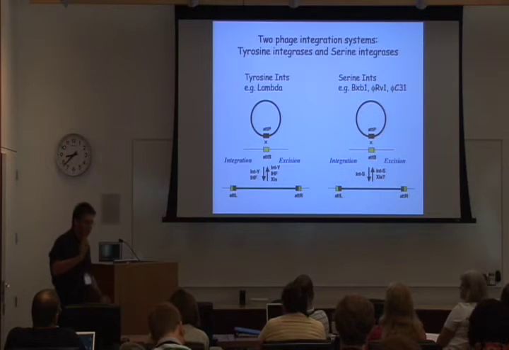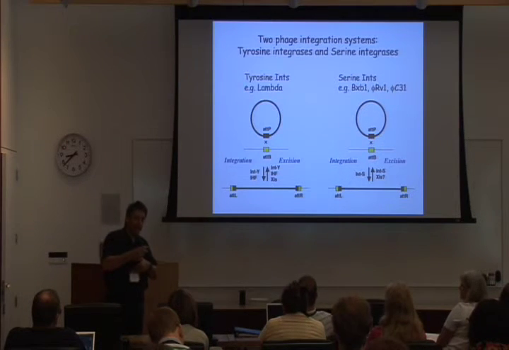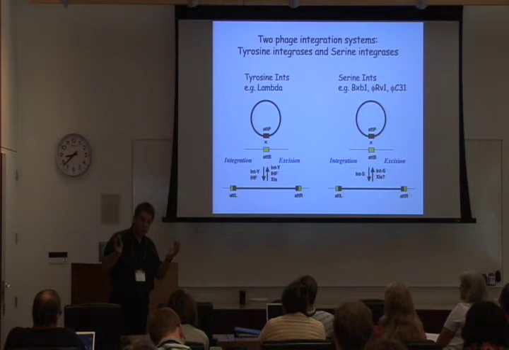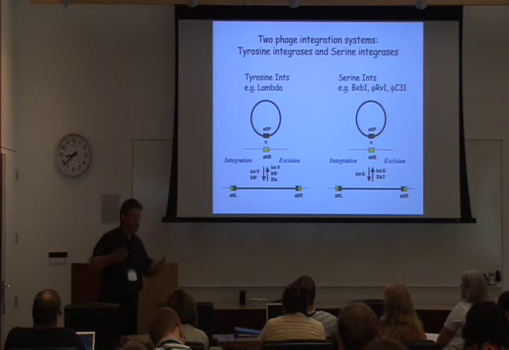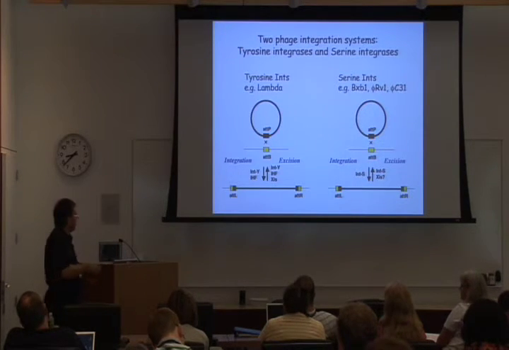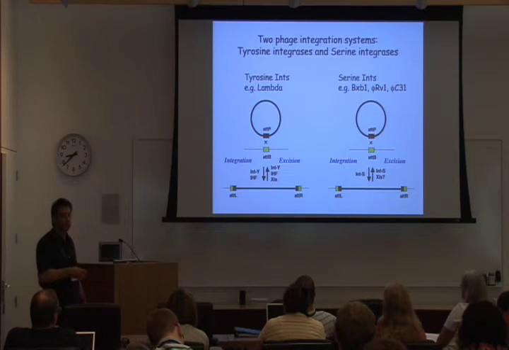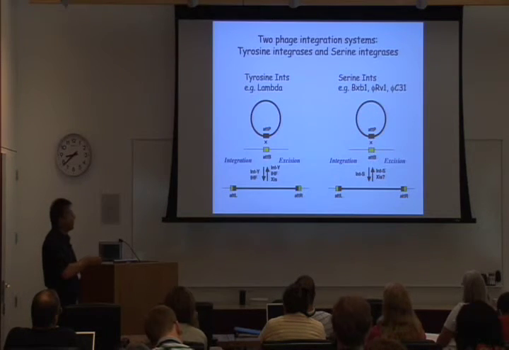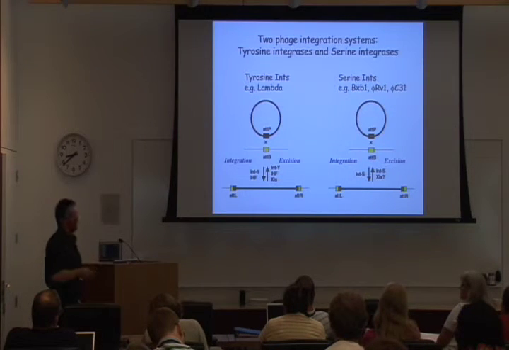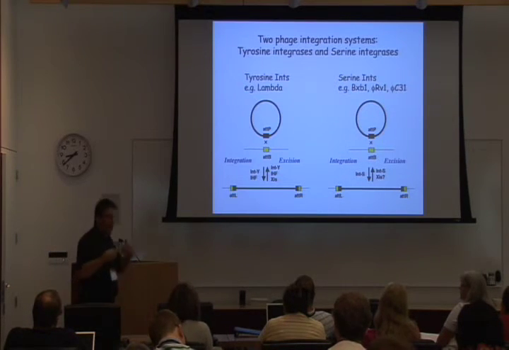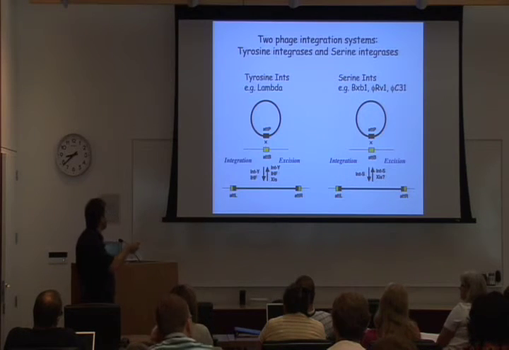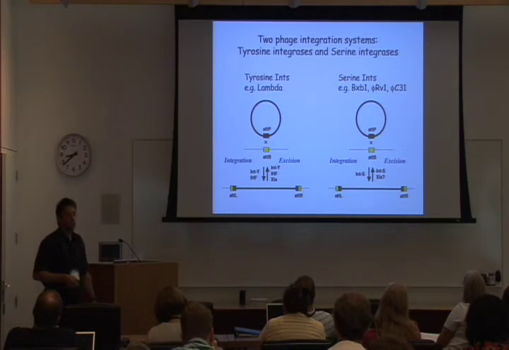But I told you that bacteriophages can also be induced or can spontaneously enter lytic growth. So there is a process of excision, where there is another site-specific recombination event, this time using ATL and ATR as substrates in order to generate ATP and ATB. And the phage DNA can then undergo lytic growth.